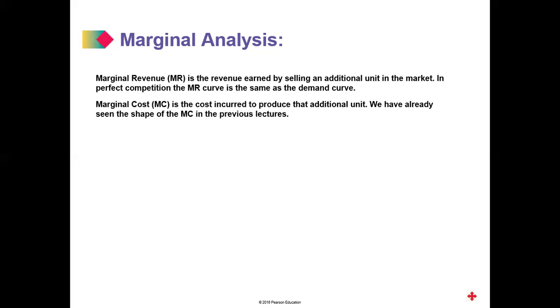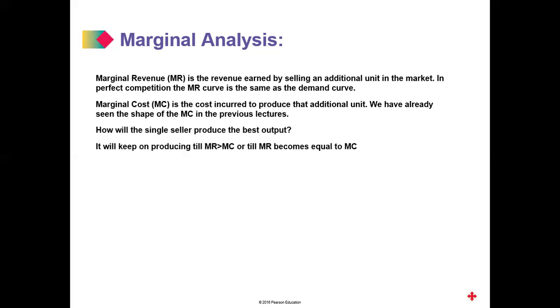So what is the best quantity the firm will produce, and how will it determine that by doing marginal analysis? The firm will keep on producing up till the point when marginal revenue is greater than marginal cost, or till the point when marginal revenue becomes equal to marginal cost.